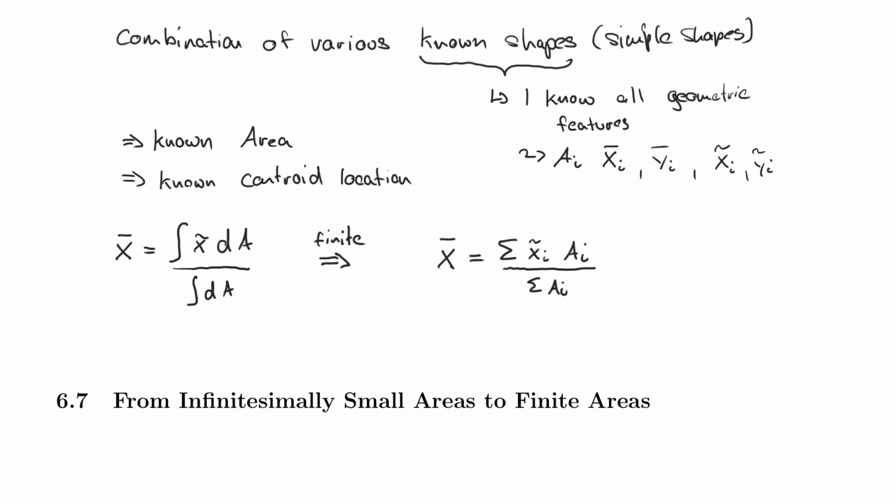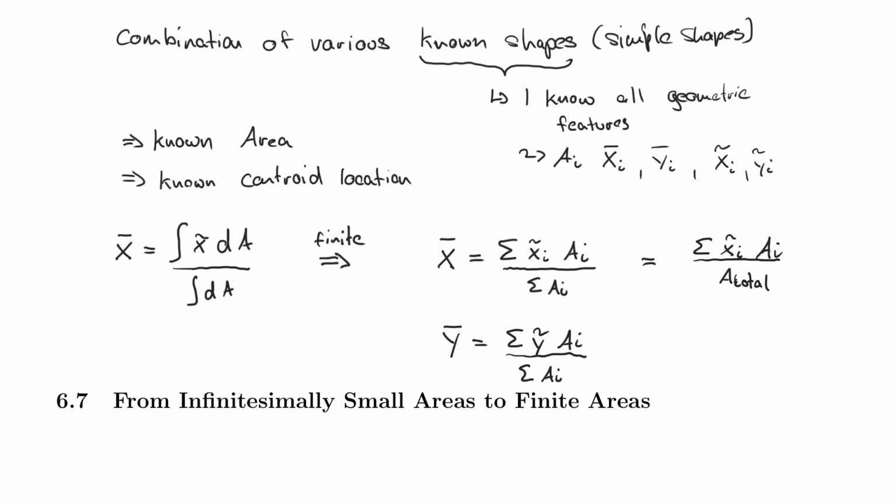And in fact, let's write that down for our other direction. Y bar is equal to the summation of Y tilde I A I divided by the summation of A I. And just to be clear, the summation of X tilde I A I is divided by A total.